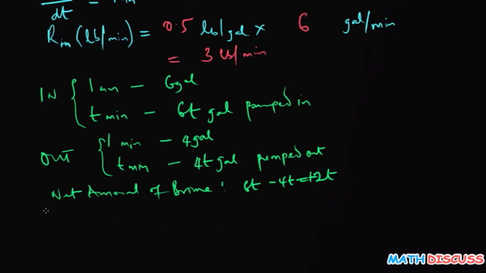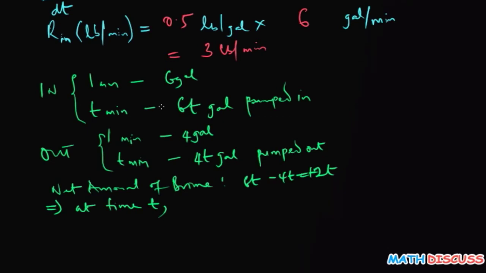So this actually implies that at time t, the amount of brine solution in the tank would be 100 plus 2t.